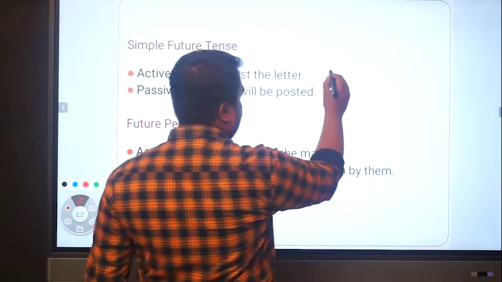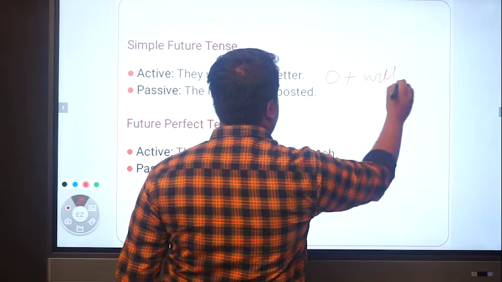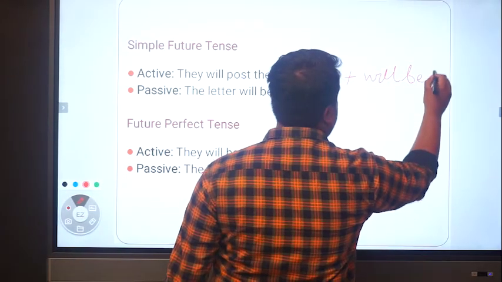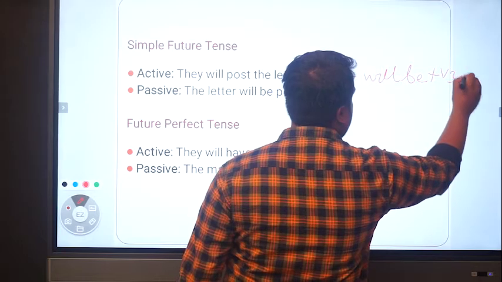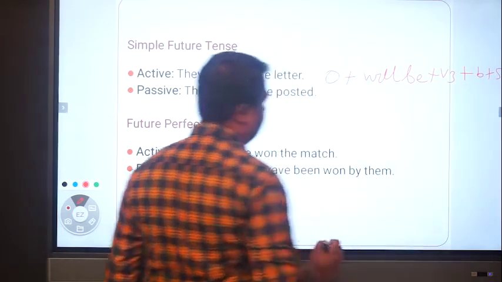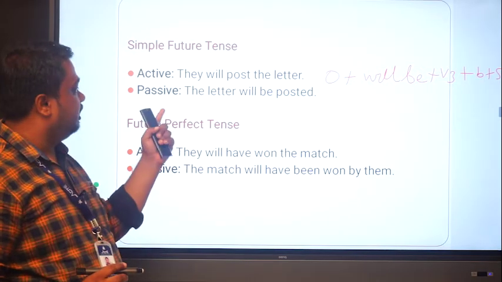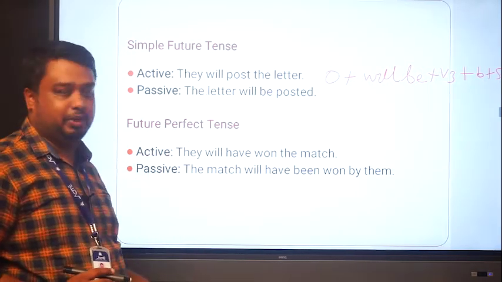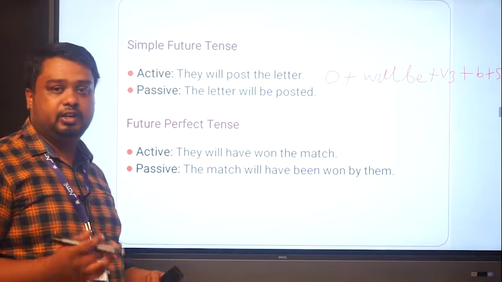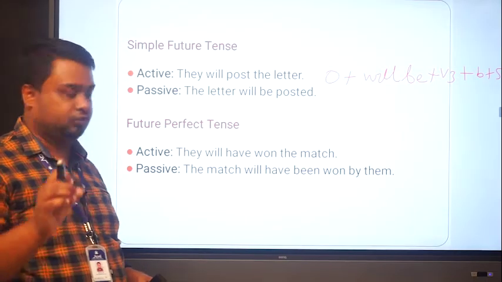So here also object plus will be plus V3 plus by plus subject. Will be. So in simple future, when we convert, we have to add will plus be. They will post the letter. Or I will read a book. The book will be read by me. So will be plus V3.